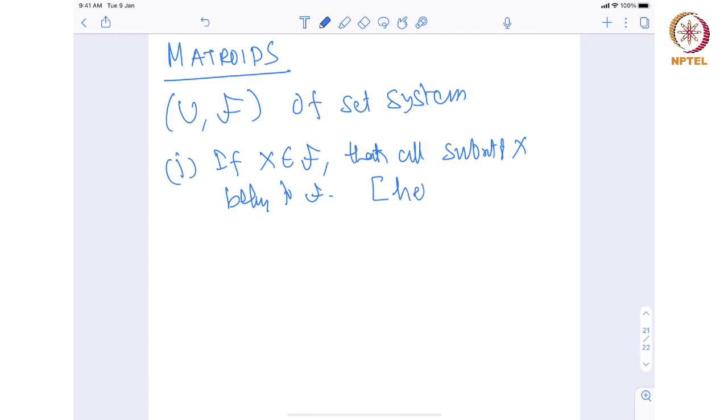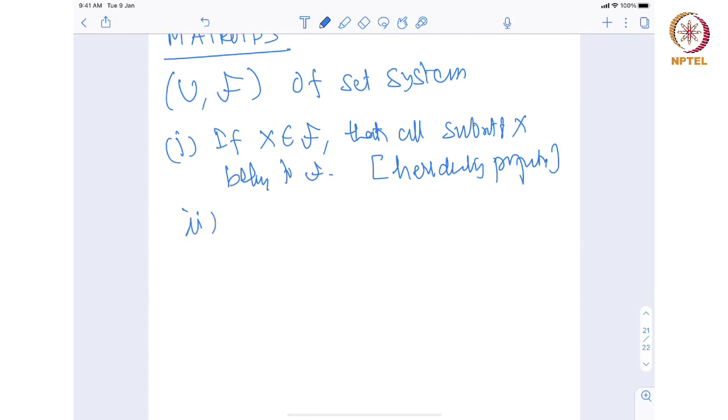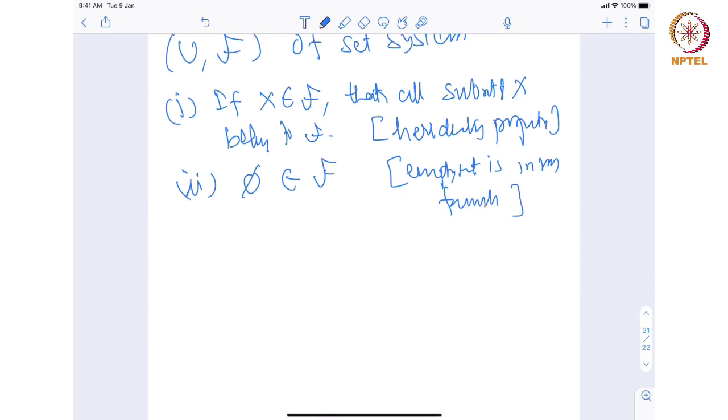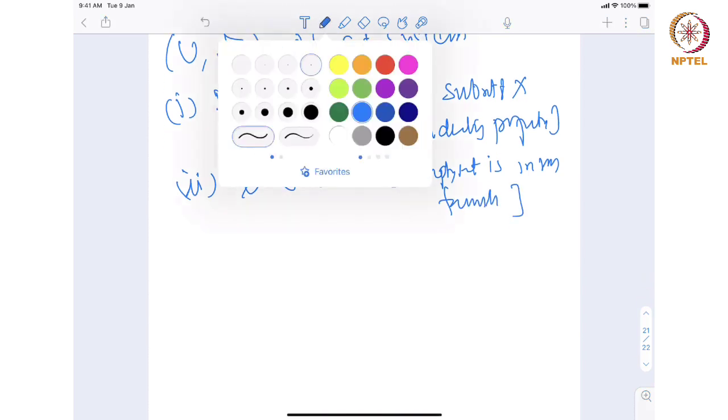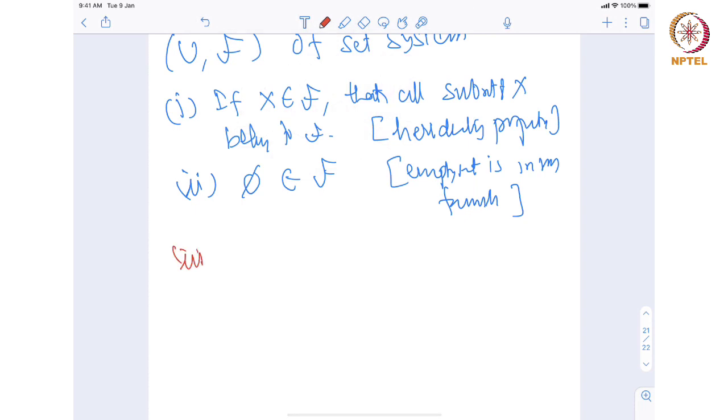This is called the hereditary property. Secondly, phi is in my family, that is, the empty set is in my family. And thirdly, which is the most important property of a matroid, is what is called the exchange property.